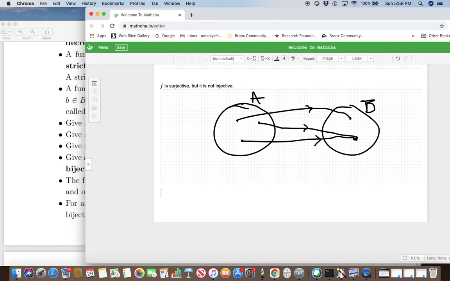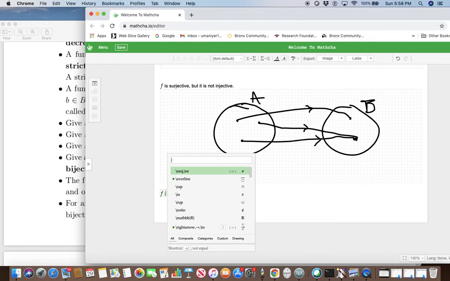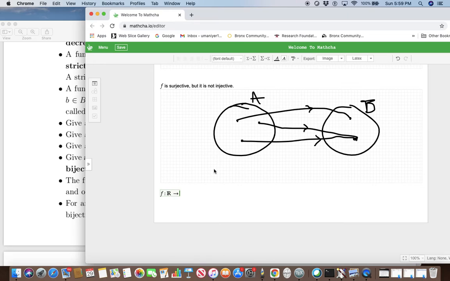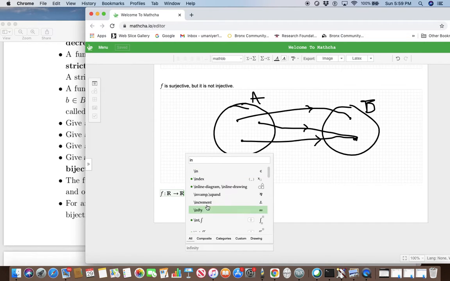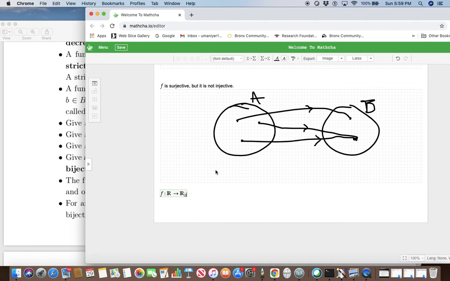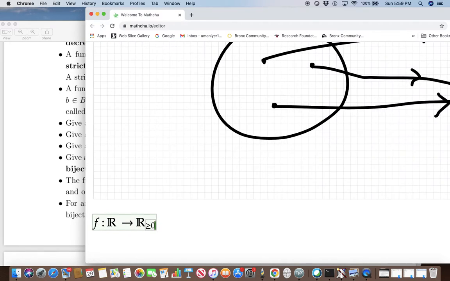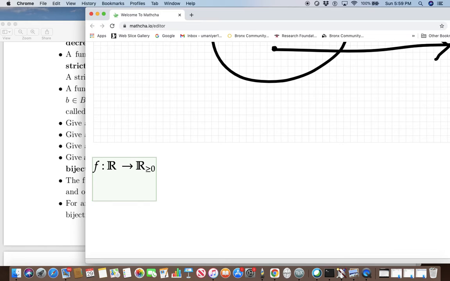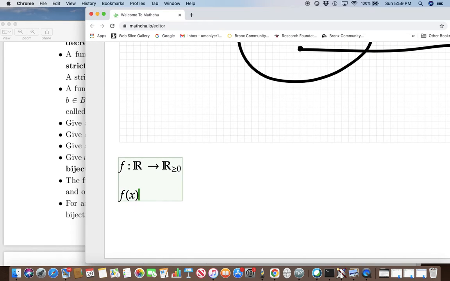If you want a more familiar example, you can take f from the set of real numbers to the set of non-negative real numbers. f(x) equals x to the power 2.